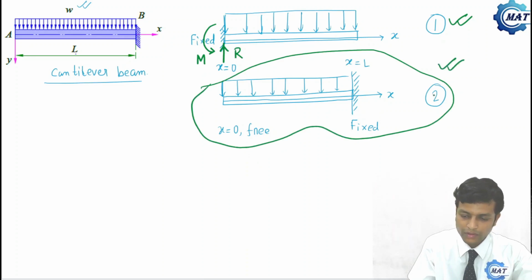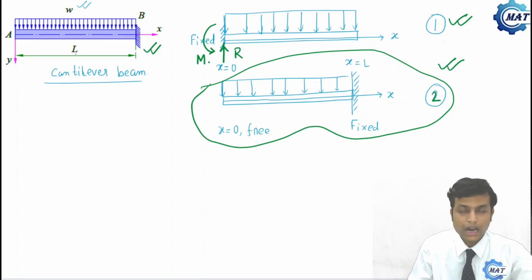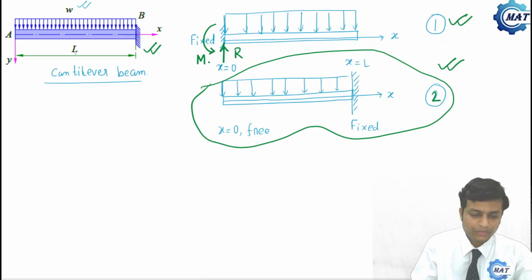So we will select this orientation of the beam as shown in the figure. We will not consider that the fixed support is at x equal to 0. We will choose the free end at x equal to 0. Then we need not determine the unknown reaction forces.